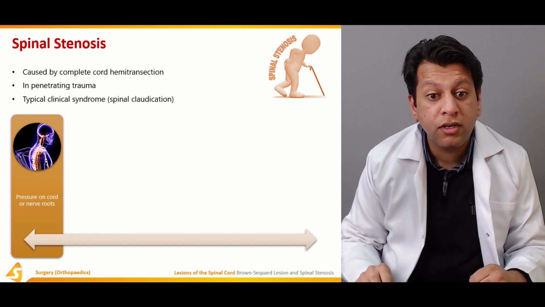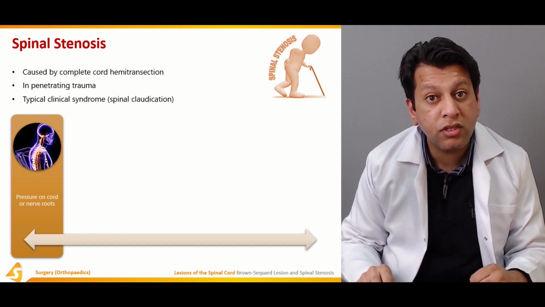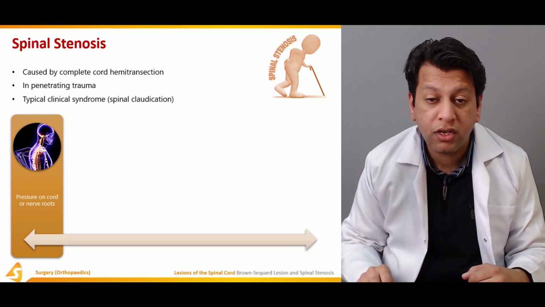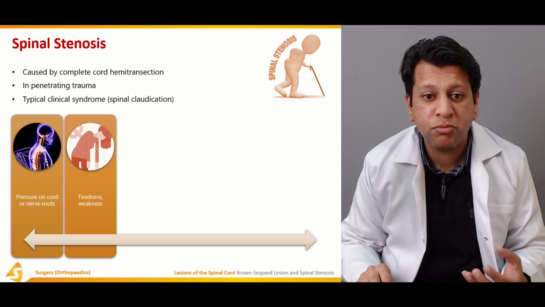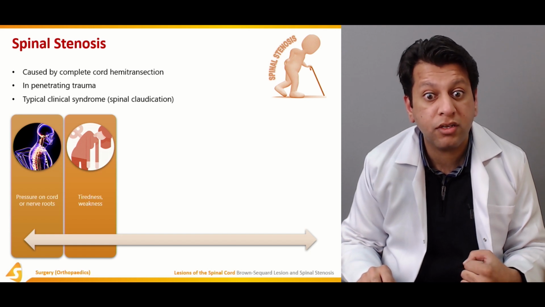Symptoms could be pressure on the cord or the nerve roots resulting in radiculopathy, or there may be associated myelopathy. Once the disease progresses, it eventually leads to tiredness and weakness.